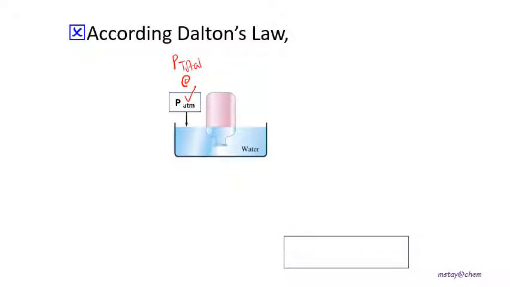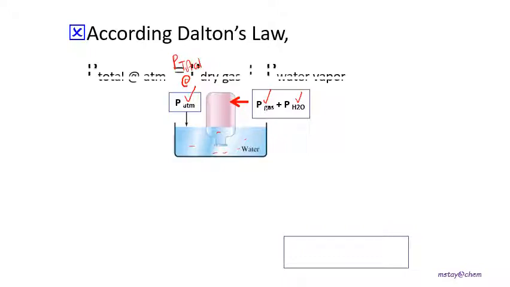As this inverted gas jar can still maintain like this, it means that inside this gas jar consists of the pressure exerted by the gas and also the pressure exerted by the water, because in here we have water, so some of the water may escape as vapor. So here we have the pressure exerted by the gas produced from the reaction and also the water pressure.